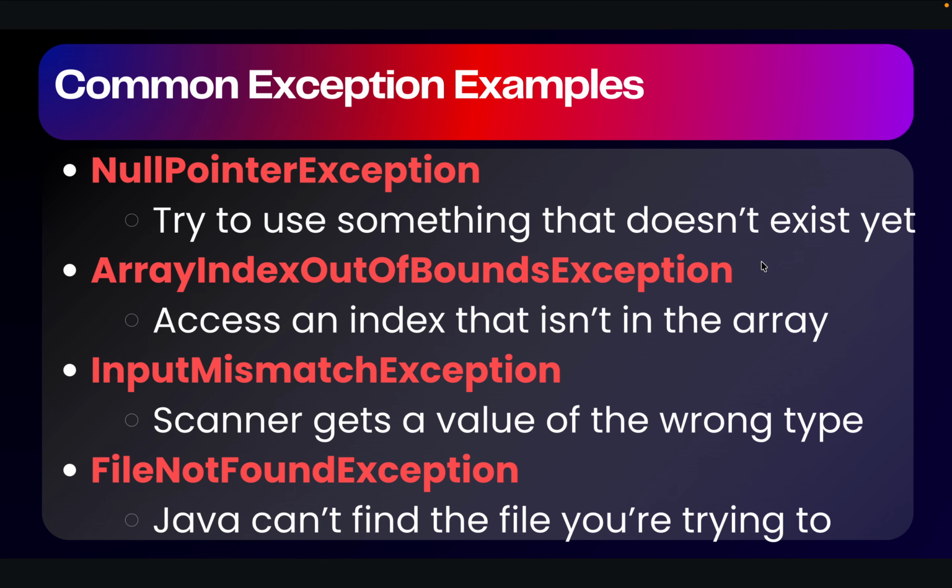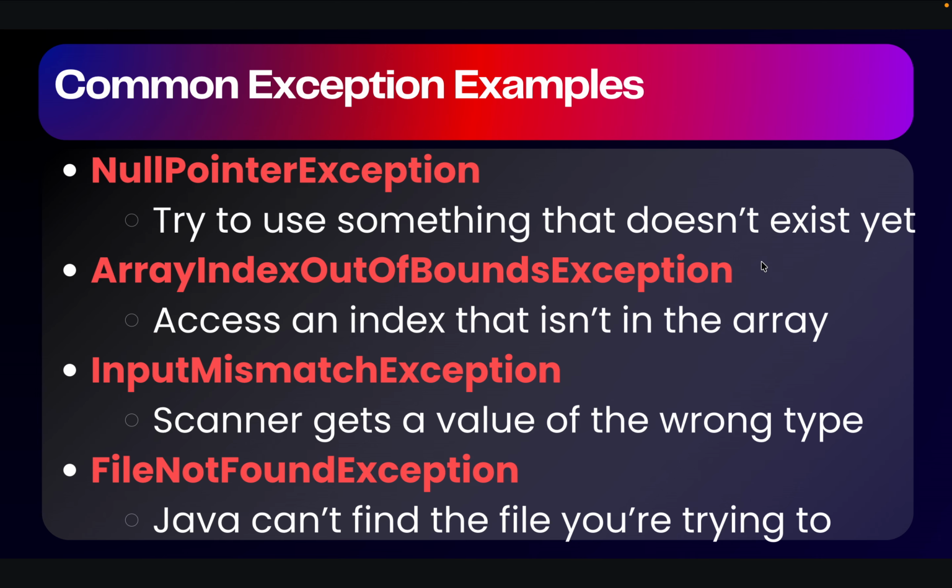Now, here are the common exception types that you will run into as you run your code. First, you have the null pointer exception. This is when you are trying to use an item that is null, basically meaning that it doesn't exist or doesn't have a value yet.